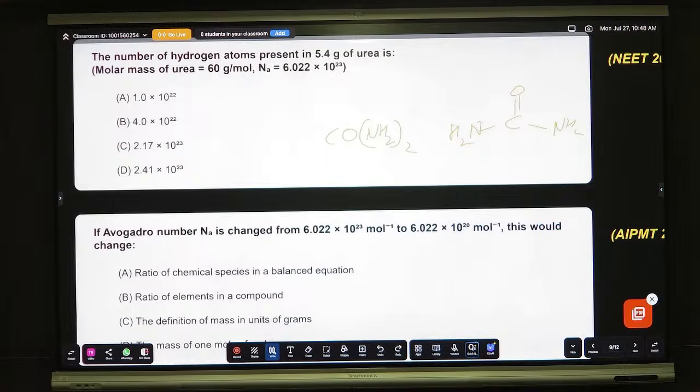First of all, find the number of moles, which is given mass by molar mass. They are asking explicitly about hydrogen. In 1 urea you have 4 hydrogens, so in 1 mole it will be 4 moles of hydrogen. The given mass is 5.4, molecular weight is 60, into 4. Just do like that. Simple.